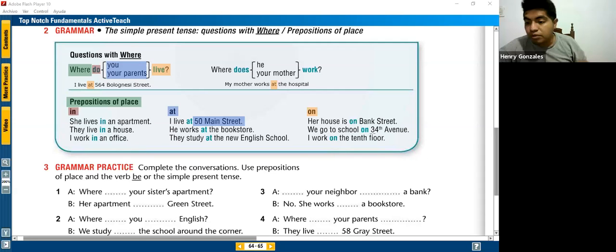Y por ejemplo, aquí en Perú, ¿no? Here in Peru, there are a lot of streets, a lot of avenues with the names of the heroes of this country, right? Algunos héroes del país, ¿no? But in the United States, no, right? En Estados Unidos no se usa mucho eso con las avenidas, ¿no? It's 34th Avenue.